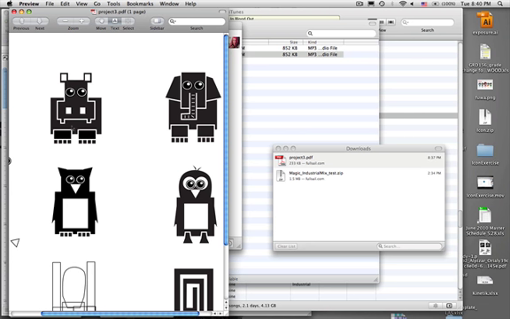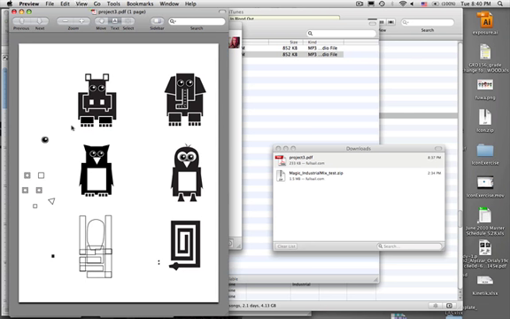Another thing is mostly issues with some of the cohesiveness between the different icons. So for example, with the rounded head for the owl here, I think this is the owl. Oh, no, that's a penguin, isn't it?